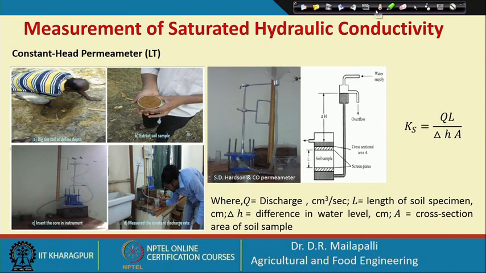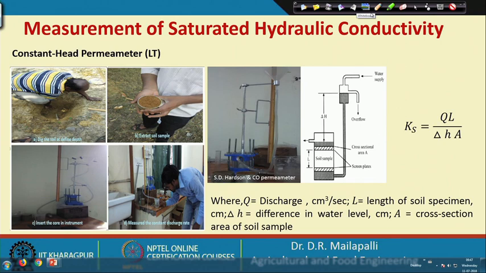So, how to measure this saturated hydraulic conductivity? The simple method is the constant head permeameter method. From the field you collect the core sample, right. This sample is attached to the two filters, filter 1 and filter 2, then this is a storage reservoir and the outlet reservoir.